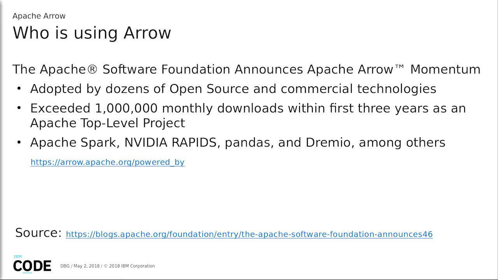So you can see a lot of projects such as Spark, NVIDIA RAPIDS, and Pandas are already using it and have the ability to understand Arrow already.